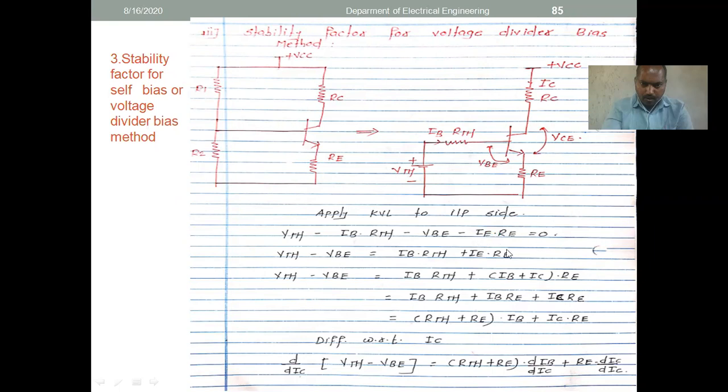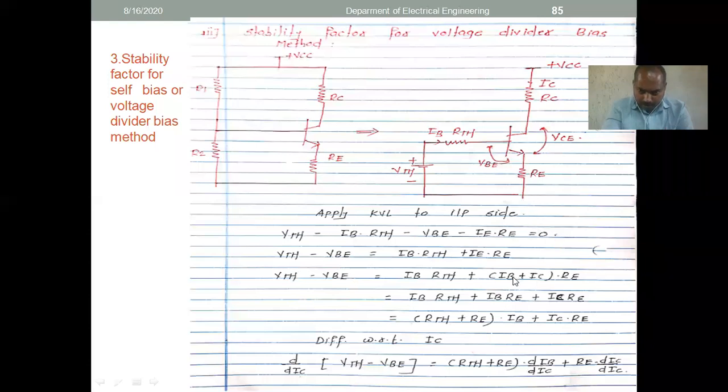Now see, VTH minus VB equals IB into RTH, and now IE into RE. See, IE is nothing but... one minute.